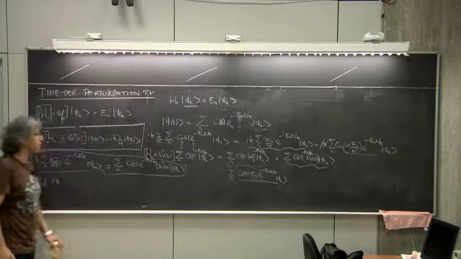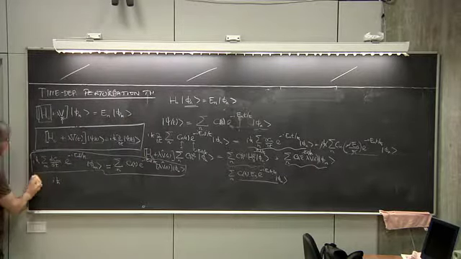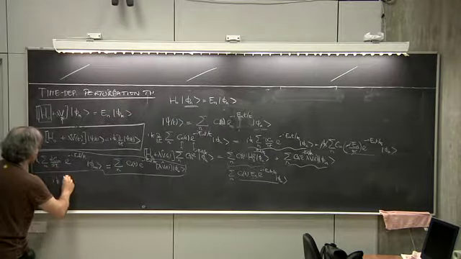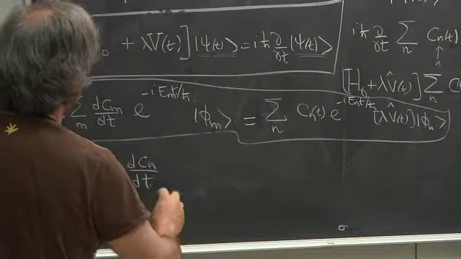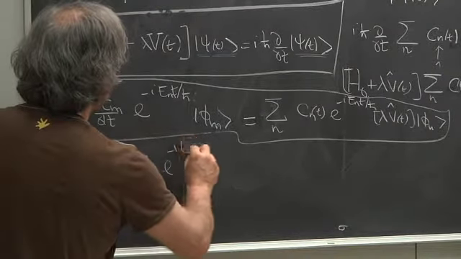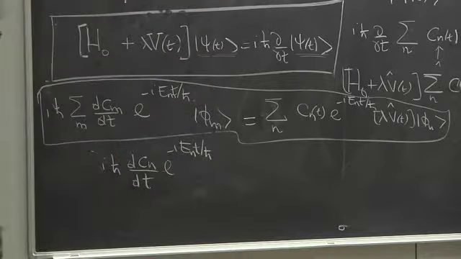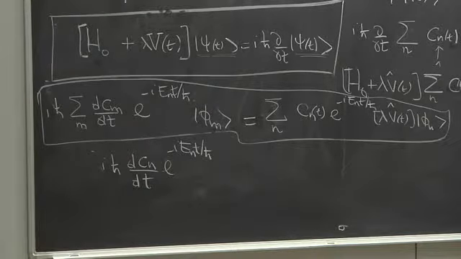Okay? All right. Now, taking the scalar product on the left by phi n, here I get i h bar, the derivative of Cn in dt, e to the minus i En t over h bar, and nothing else. So I was able to just pick up only one term on the left.